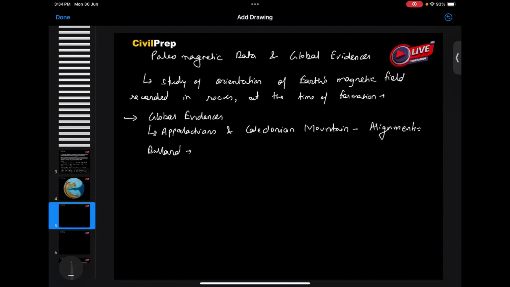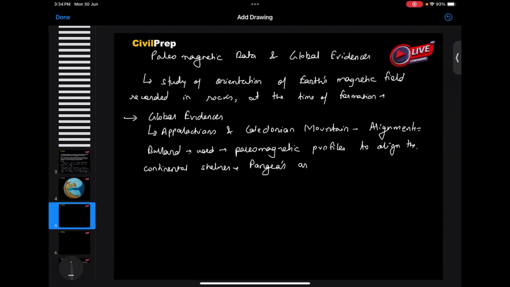He has used the paleomagnetic profiles to align the continental shelves, supporting Pangaea's assembly.